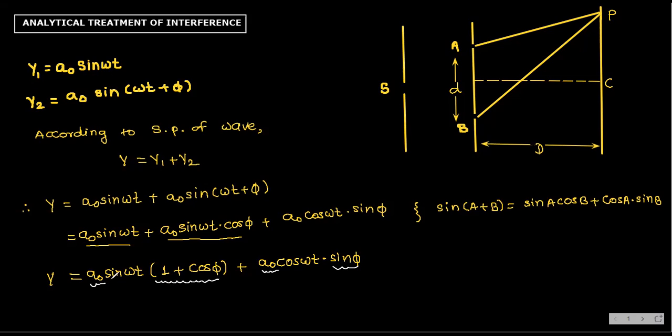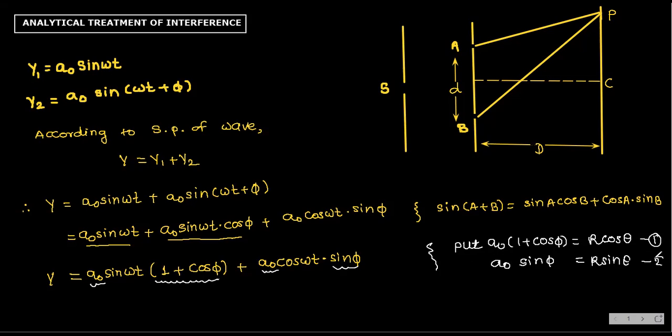Now let's substitute. Put A0 into 1 plus cos phi as r cos theta, call this equation number 1, and A0 sin phi equal to r sin theta, call this equation number 2.